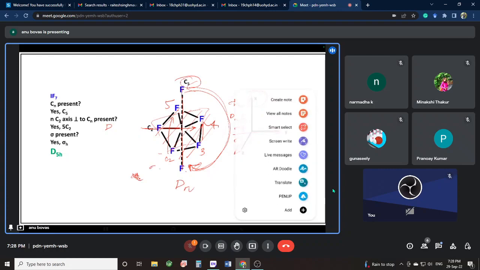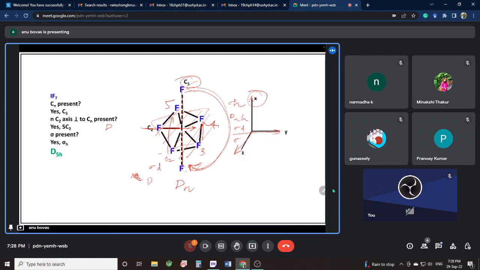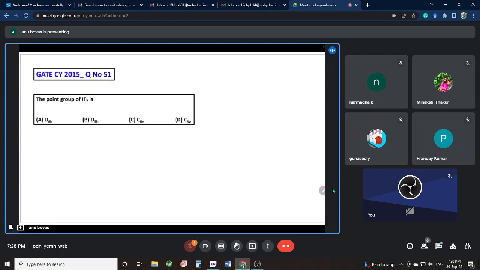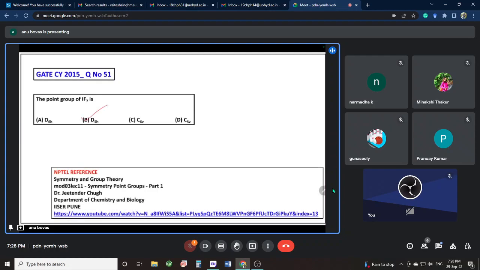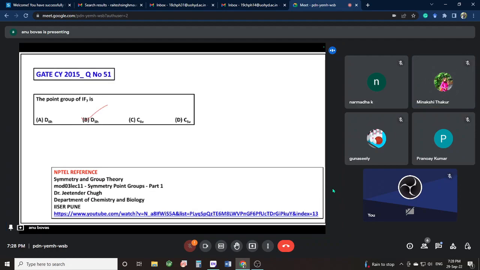If sigma d is present, it will be Dnd, and the first question is sigma h, so it will be Dnh. In this case, sigma h is present, so it will be Dnh, and n is 5. So the point group will be D5h. So the correct answer to the question is option B, D5h. Is this clear? Yes, ma'am. Okay, fine.